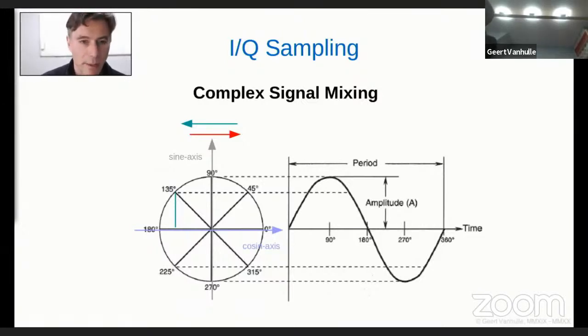For example, if our local oscillator is 100 megahertz and our signal of interest is 110 megahertz, we have F2 minus F1, 110 megahertz minus 100, which results in 10 megahertz. In the other situation, we can have the mirror frequency at 90 megahertz. Then we will have 100 megahertz minus 90, which results in 10 megahertz as well.